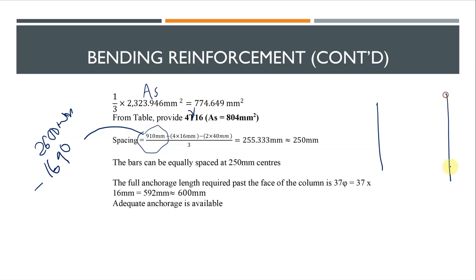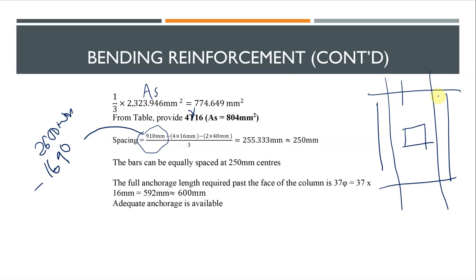And because the number is the same, why do we give it like this? This is a simpler way. So this is 1.5D to here, 1.5D to here, 1690. So you have this balance because you want to get here and here. You have a balance length of 910 because you have 4 numbers of bars minus 16, and you still have concrete cover at the end of this foundation.